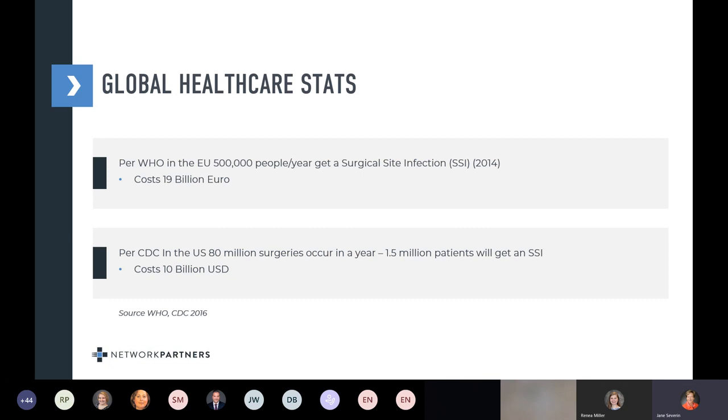Per the CDC in the US, of millions of surgeries in a year, 1.5 million patients will get an HAI, which costs the system $10 billion US dollars. Certainly, these rates are not attributed to packaging, but packaging could play a role in this. We just don't know at this point.